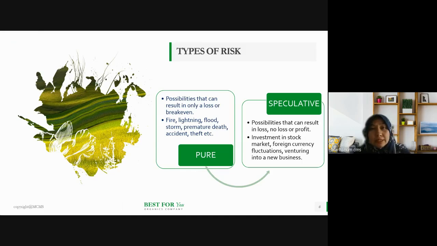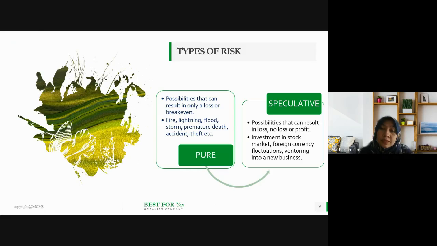And then the second type of risk is speculative risk. So what is speculative risk? From the word speculative, which is speculate, we can speculate. We can plan. When it happens, there are three possibilities instead of two.